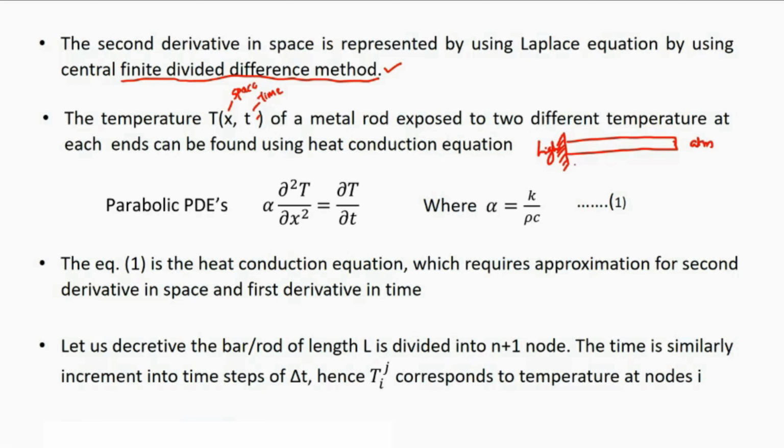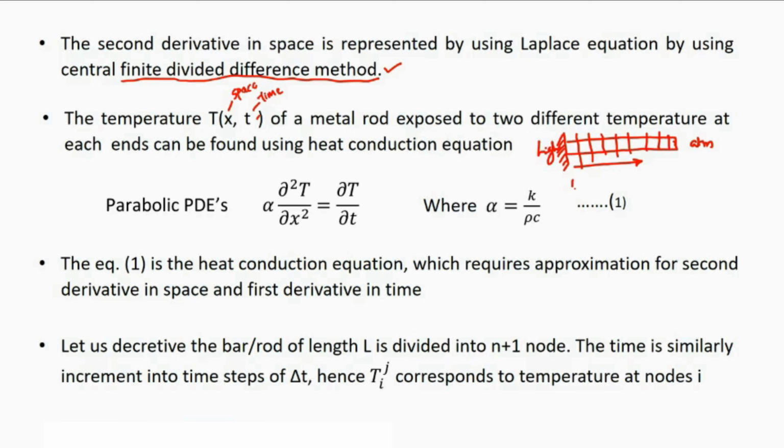So the heat flows across this fin, and heat will be emitted from the surface as well as from the tip. The temperature distribution, the flow of heat across this fin, varies with respect to time.